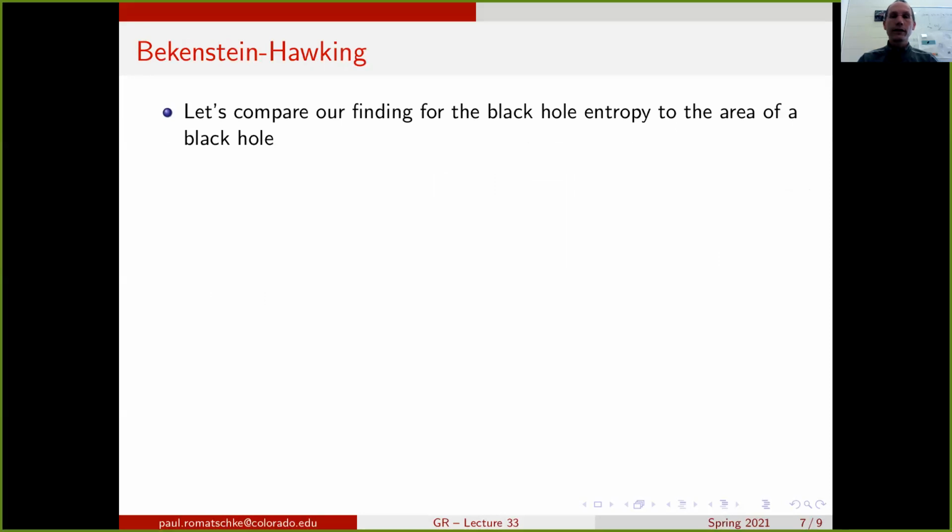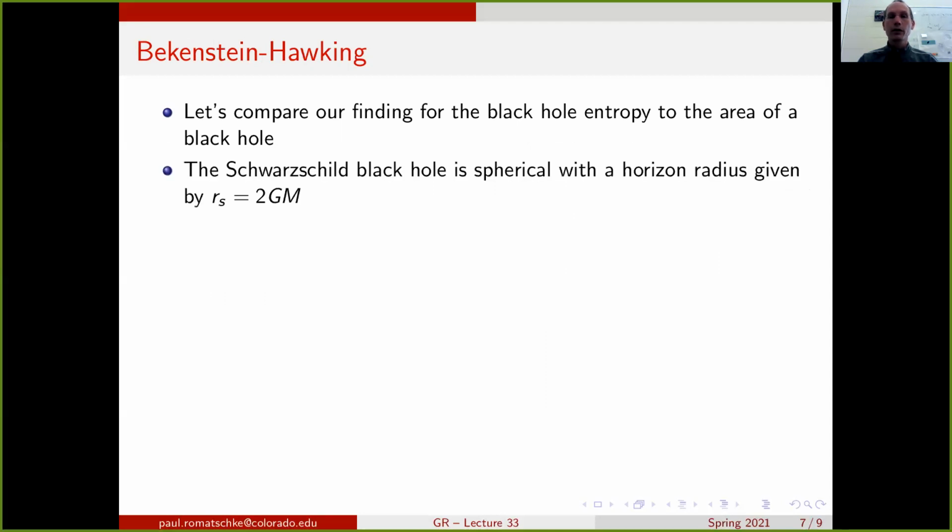So that's one result, but it gets more interesting if we compare this result to another quantity, namely the area of a black hole. Again, this is fairly easy to calculate. You start by taking the Schwarzschild metric, which is spherically symmetric. The black hole has a horizon radius that's given by the Schwarzschild radius Rs, which is just 2 G m.